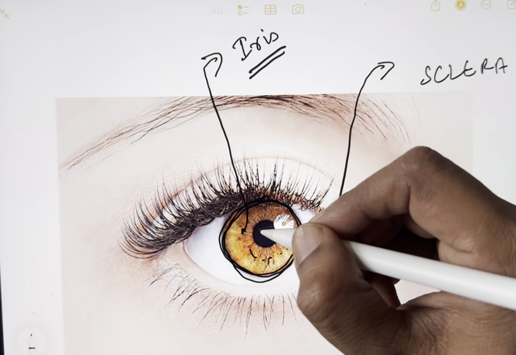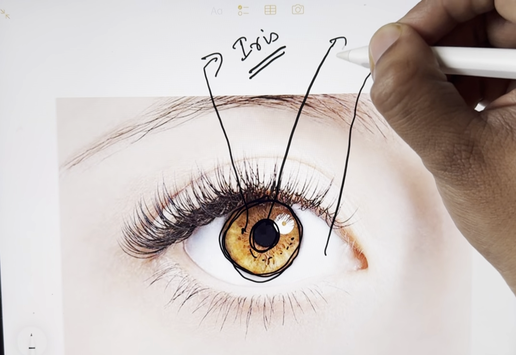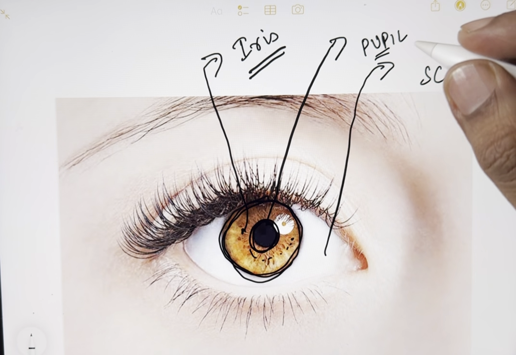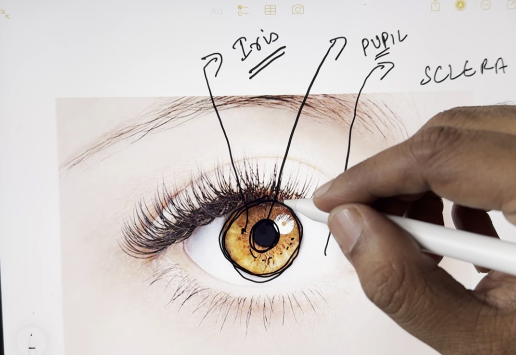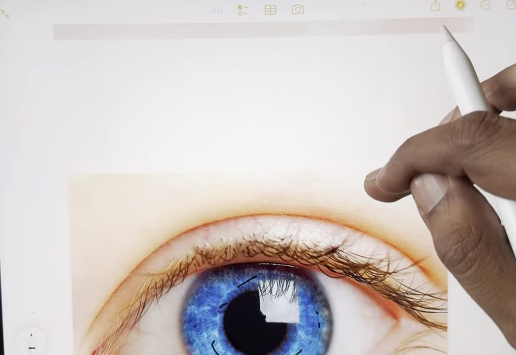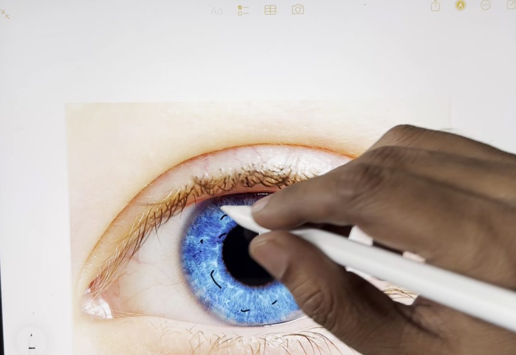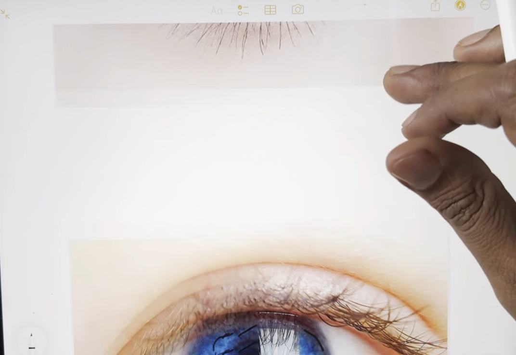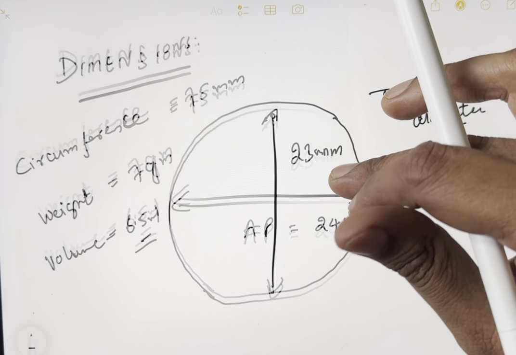This is the iris, and this circular aperture in between is known as the pupil. That is part of the middle vascular layer. Cornea as such is avascular and transparent, so the color you see through it is due to the iris. So that is the first part. Then the second part, let me describe once again.